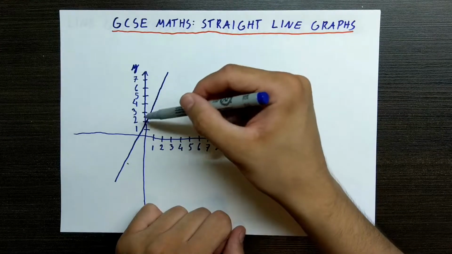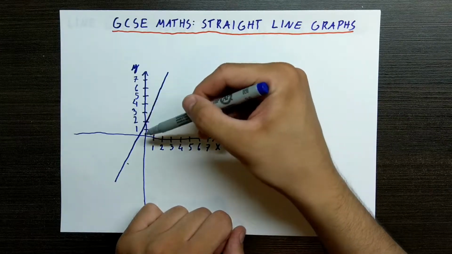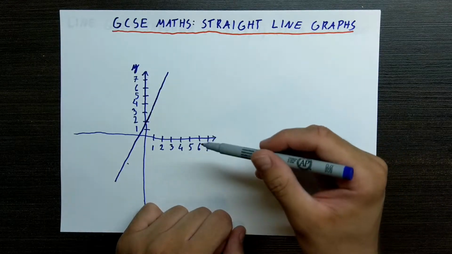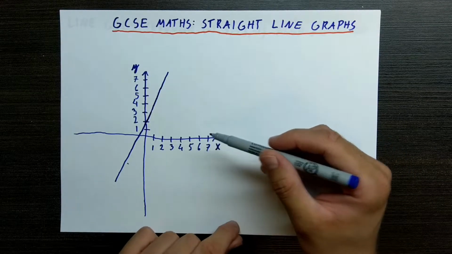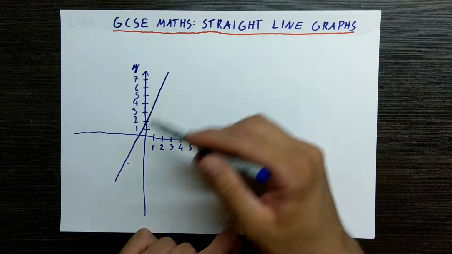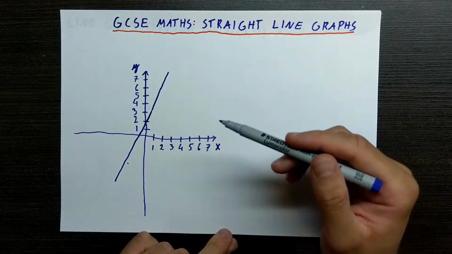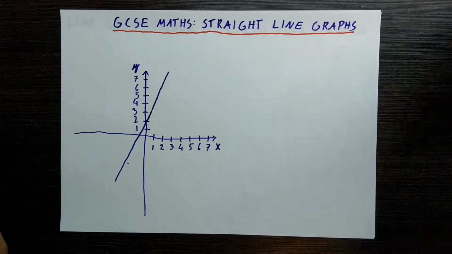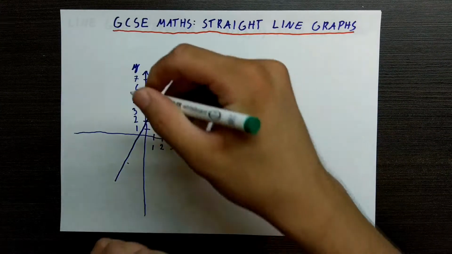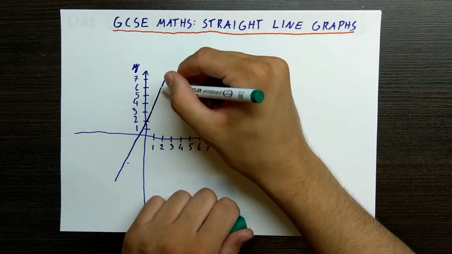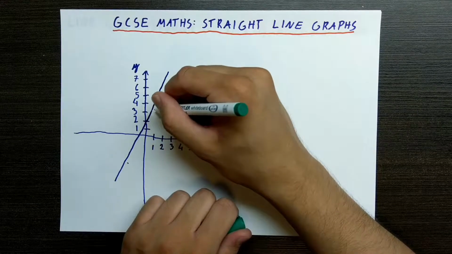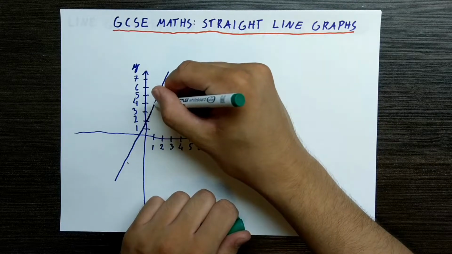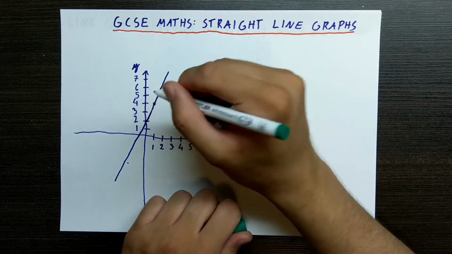On this graph we have a scale with numbers assigned to each point on the scale, and we have a line going across the graph. On this line we can put a point, for example, like here.